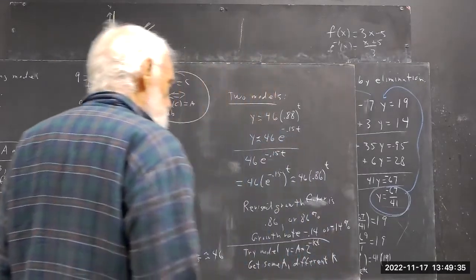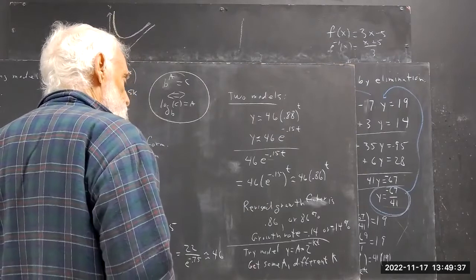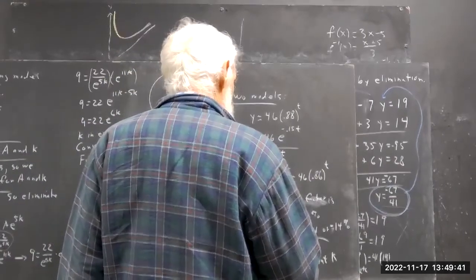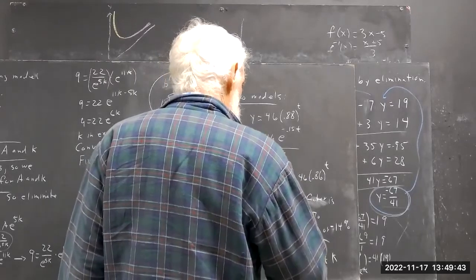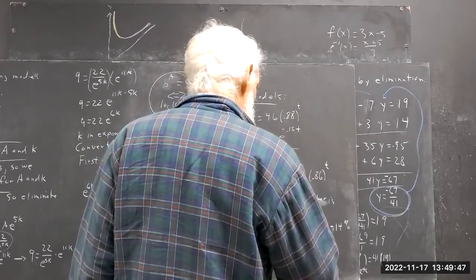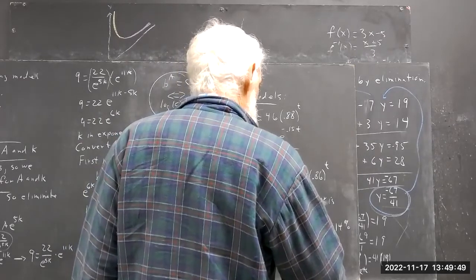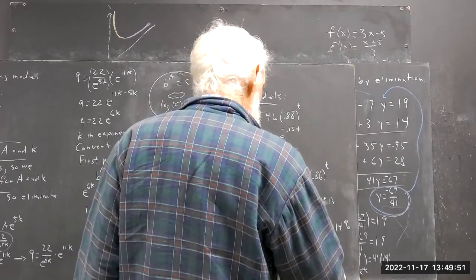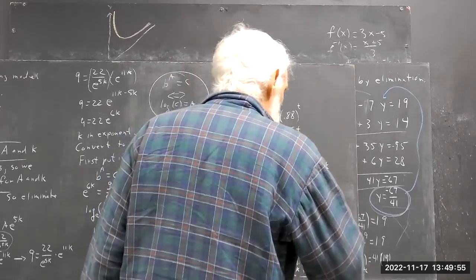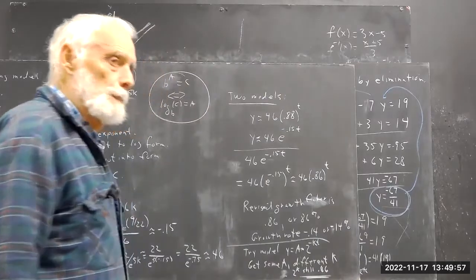Different k. And 2 to the k. Still going to be like 0.86.